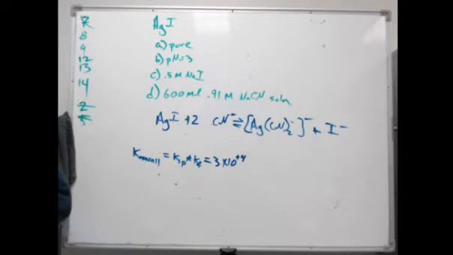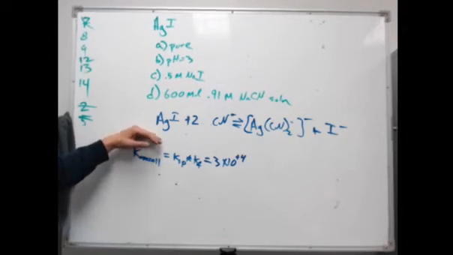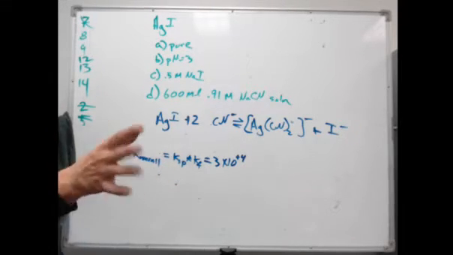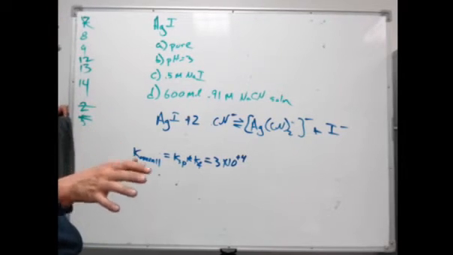So something that suggests we have 30,000 times more products than reactants. So in this case, how much silver iodide is going to dissolve? If I've got a large K reaction. All of it, all of it relative to the limiting reactant.